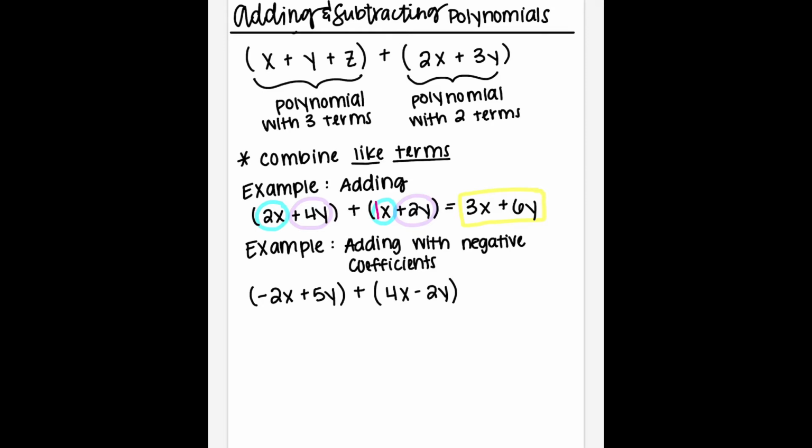We're going to go through the same process of identifying like terms. So we have negative 2x and 4x. When we add these together, we have to keep in mind negative 2x plus 4x gives us negative 2 plus 4, which is a positive 2x.